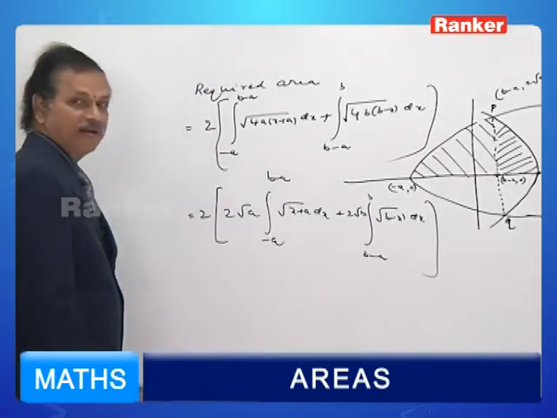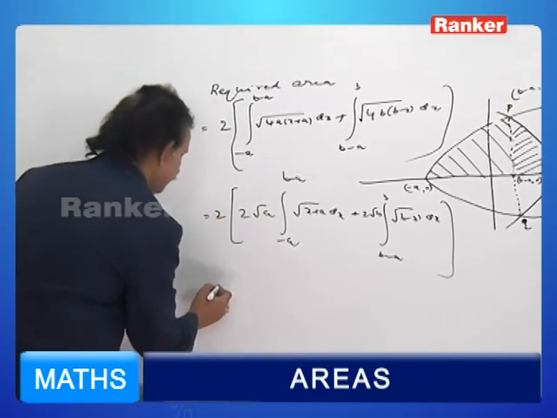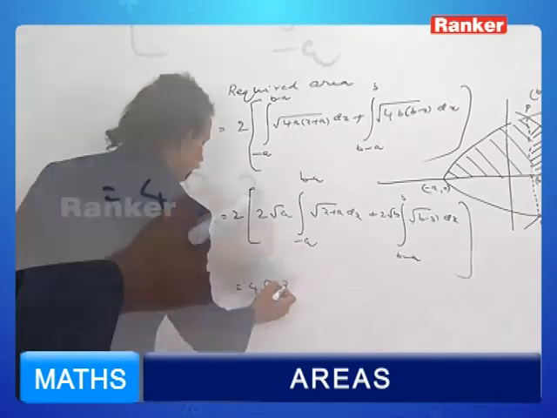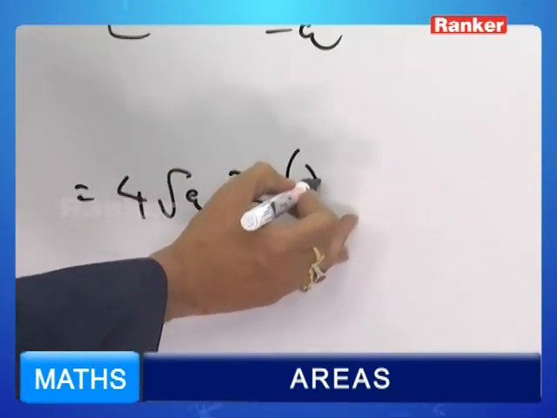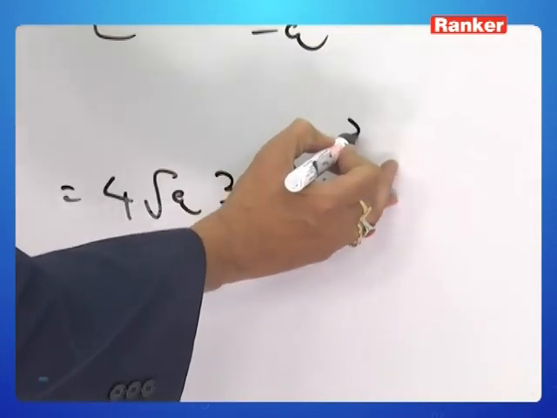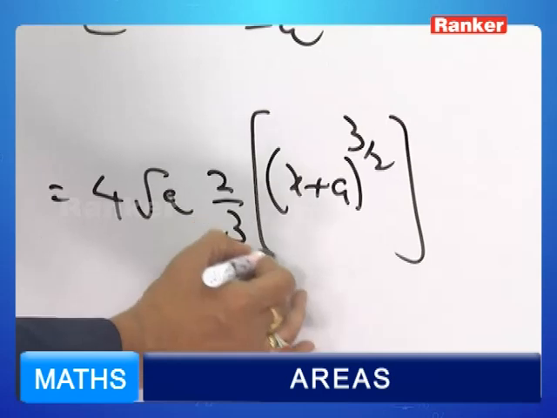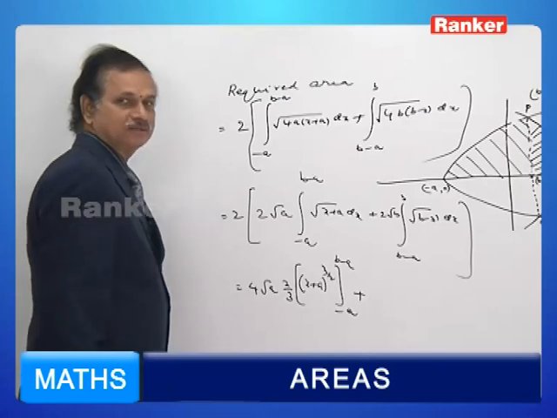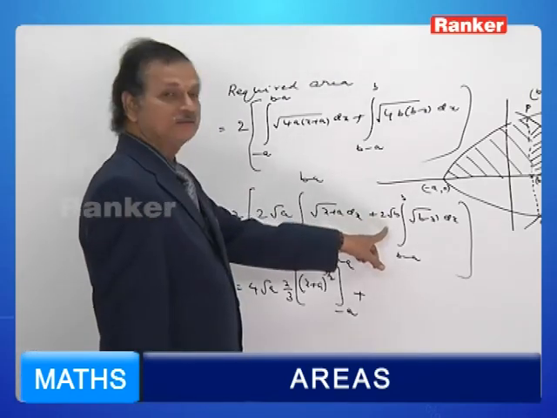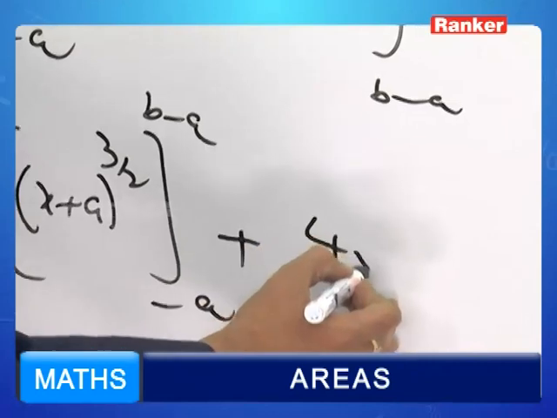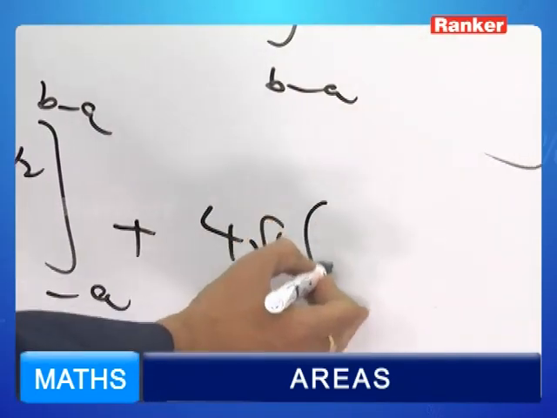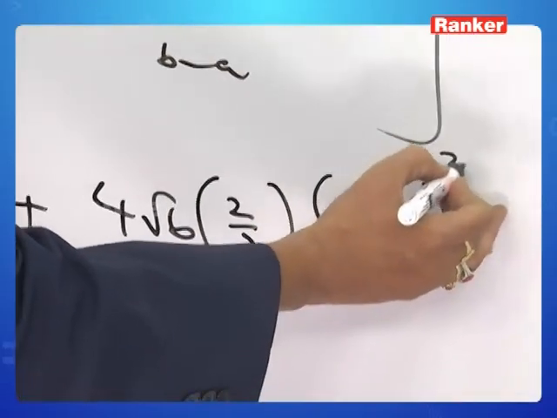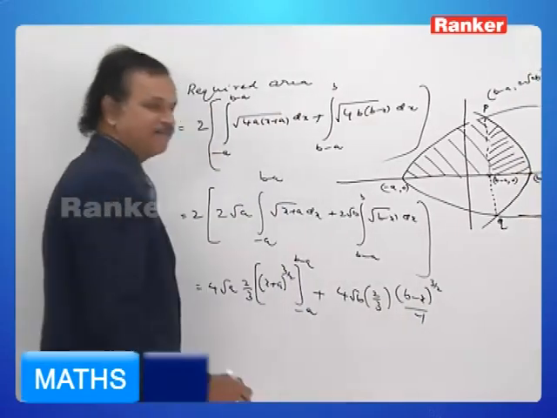Let us simplify it. For the first part, 2 into 2 root a, 4 root a. What is the integral of this? 2 by 3 into x plus a whole to the power of 3 by 2 whole between the limits minus a to b minus a, plus 2 into 2 root b, 4 root b into, what is its integral? 2 by 3 into b minus x whole to the power of 3 by 2 by minus 1, don't forget it.